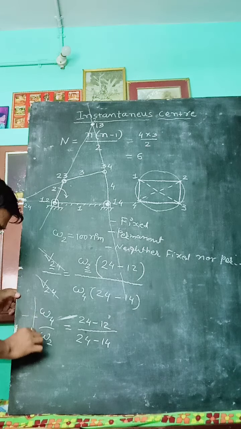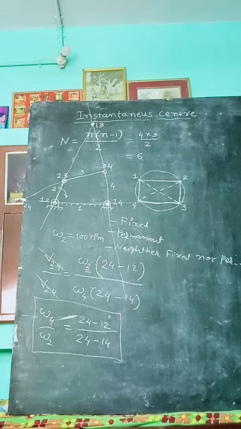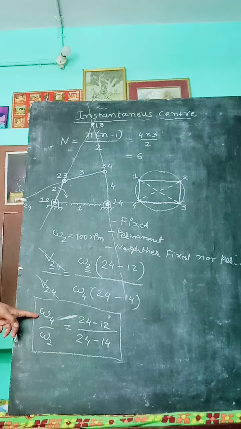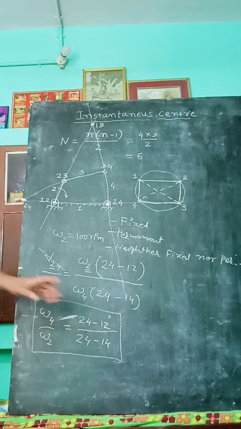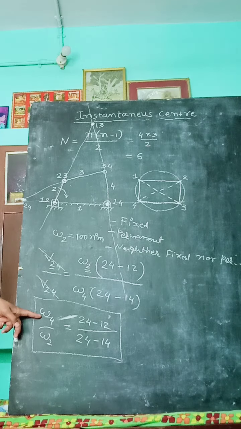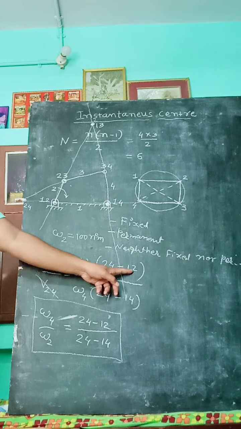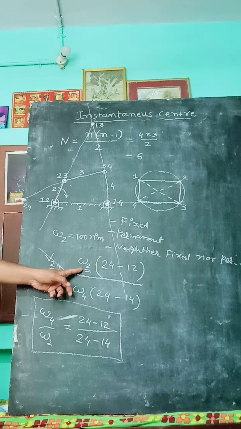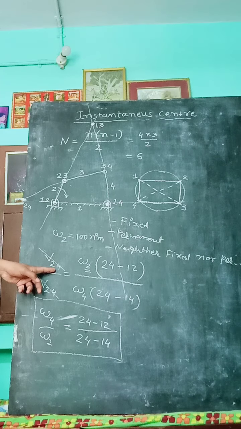This is very, very useful when you are asked to find out the angular velocity of one particular link. Omega 2 is available, so apply this rule, and omega 4 will now be available. In the same way, velocity can be found out by using this method. Omega 2 is available, we can measure this distance, so velocity 2, 4 is available. Okay.